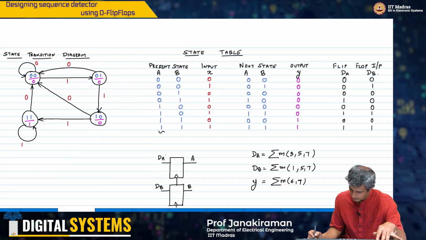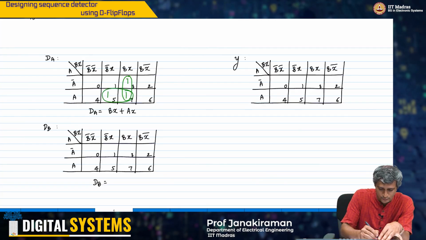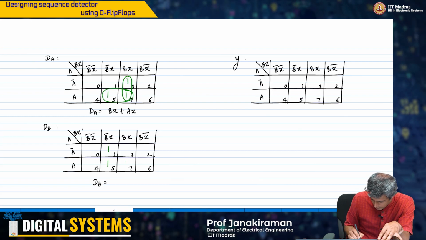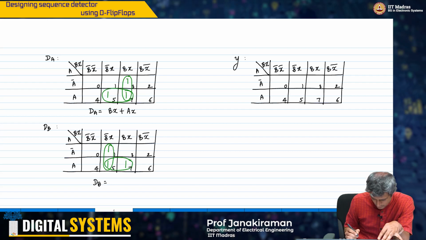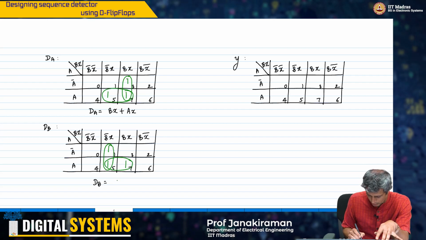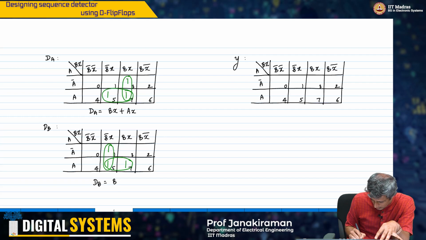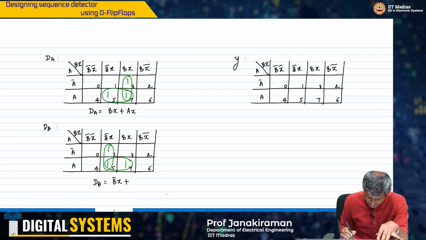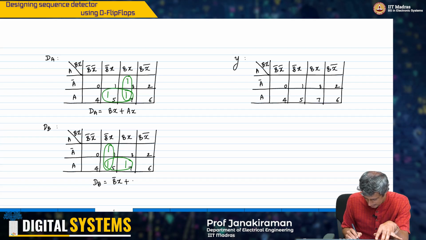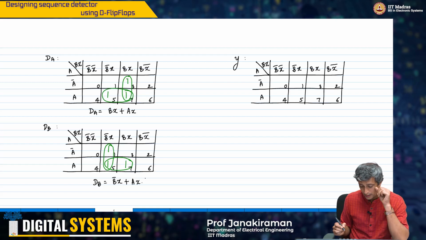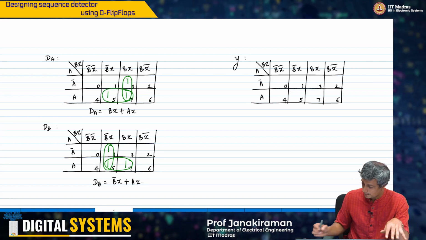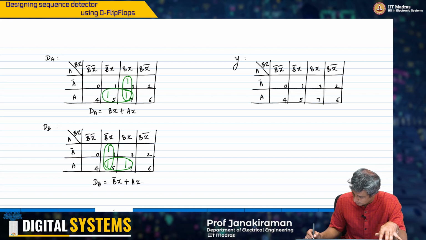Okay, DB is now what? It is summation 1, 5, 7. So again this is my grouping, right? DB therefore is going to be B bar X plus, actually it's an OR there, AX. And my output Y is going to be 6, 7, right?